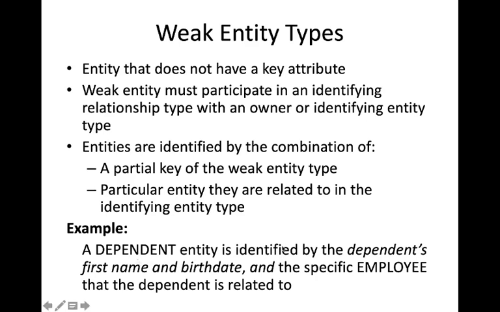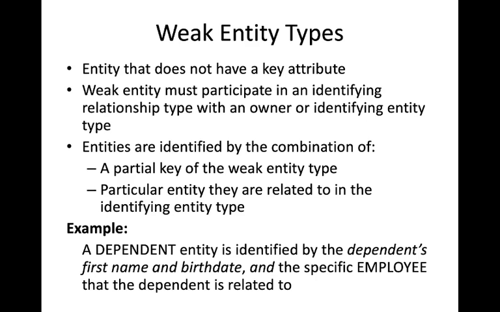It is identified by the combination of the dependent's first name and birth date. We cannot use the dependent's first name alone, because there may be several dependents whose first name is the same. Nor birth date alone, as there will be persons with the same birth date.